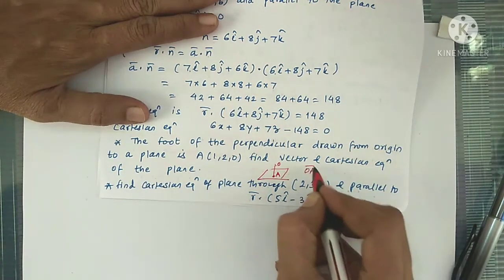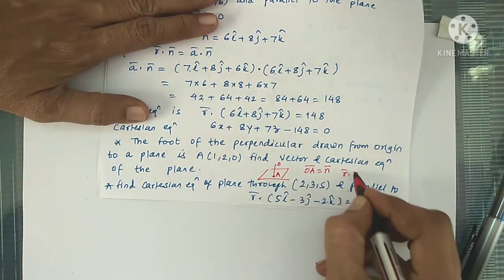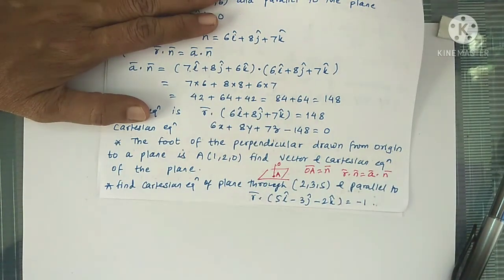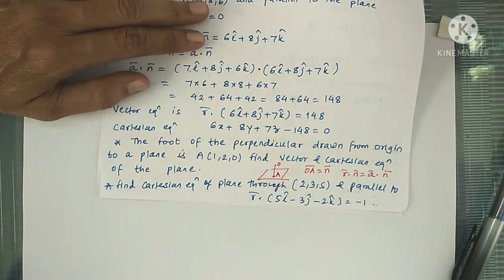So OA bar is n bar and a point in the plane is given. So the equation is r bar dot n bar is equal to a bar dot n bar. So find a bar dot n bar. First write n bar, which is OA bar, then find the dot product and substitute the value.